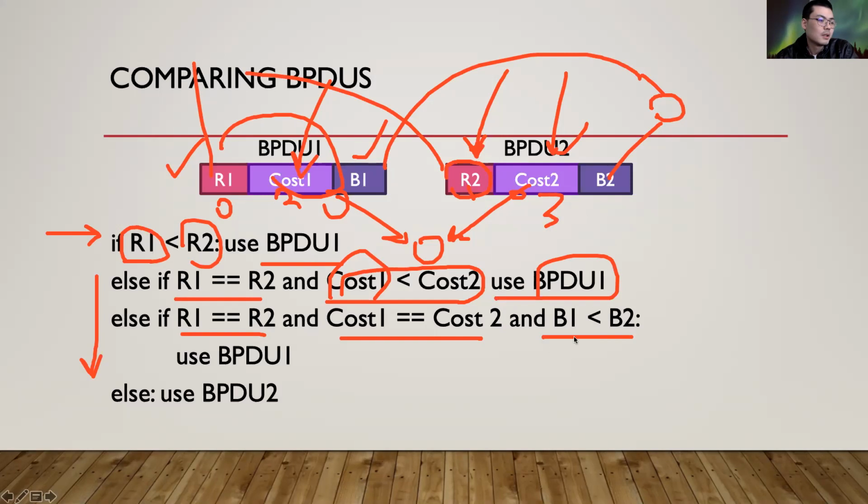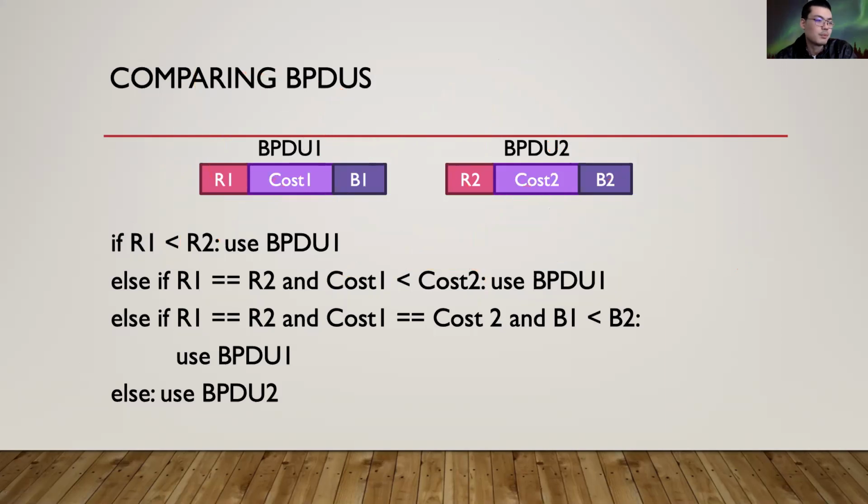I will break the tie by taking whoever has the smaller ID. So back to the previous example, if we have the root 1 and both are 2 hops to me, I will see which one has a smaller ID. If this is 2 and this is 3, I will choose 2 to be my next hop bridge.